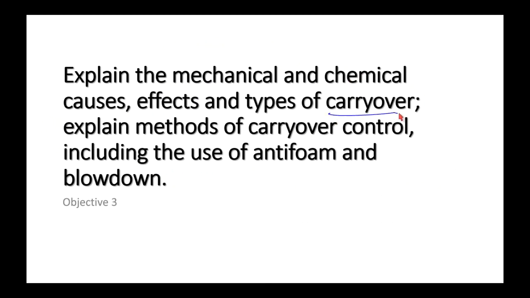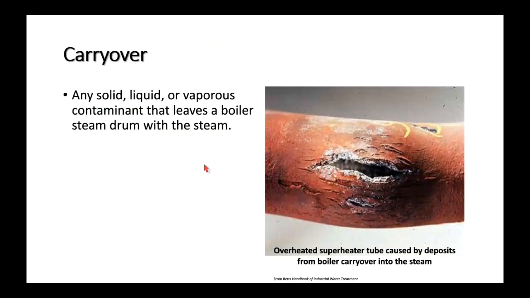So the next thing is carryover, and carryover is moisture, right? Well, carryover is defined as any solid, such as a dissolved solid, or liquid, such as water, or vaporous contaminant, such as silica, CO2.